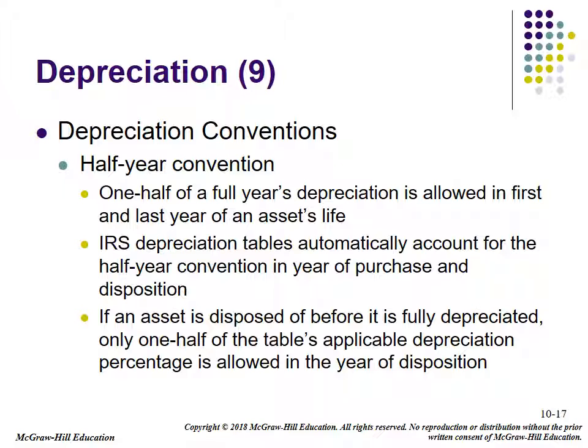So even if you sell it December 1st of that year, you get a half a year's in the year of disposition. Now, if you buy it and sell it in the same year, no depreciation.